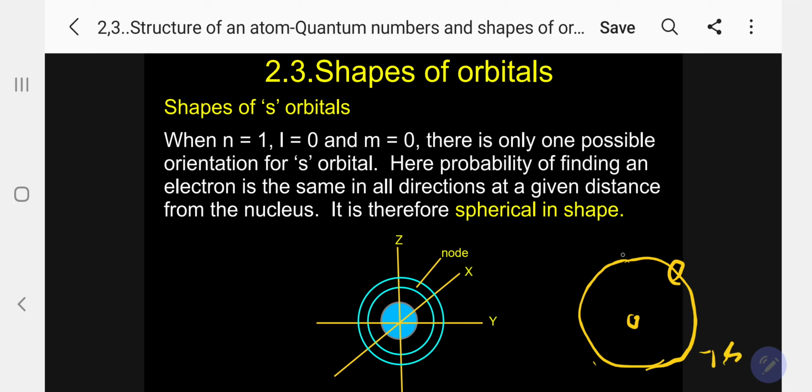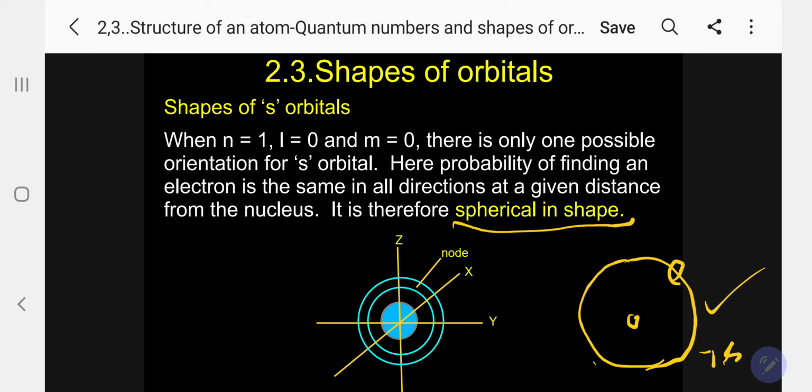So the probability of finding an electron is the same in all directions at a given distance from the nucleus. It is therefore spherical in shape. So S orbital is spherical in shape. Kindly follow. Here I am representing 2s. First is 1s, another is 2s.